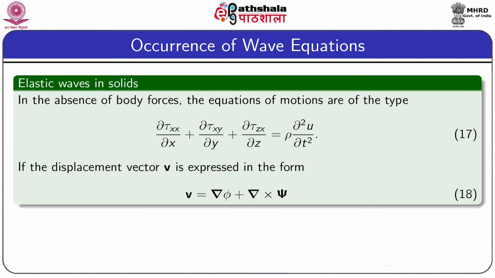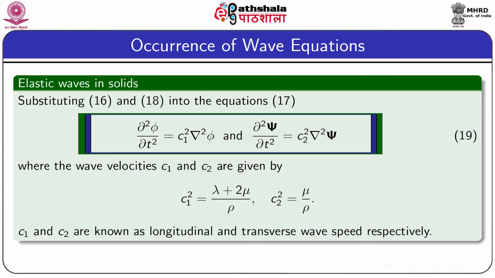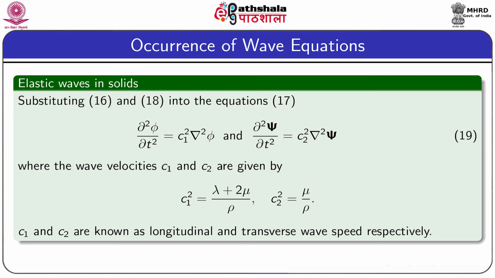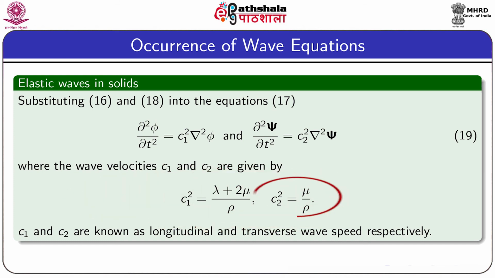So, if we substitute 18 in 16 we get the equations ∂²phi/∂t² equals c1² grad² phi and ∂²psi/∂t² equals c2² grad² psi, where the constants c1 and c2 are given by c1² equals (lambda plus 2 mu)/rho and c2² equals mu/rho.